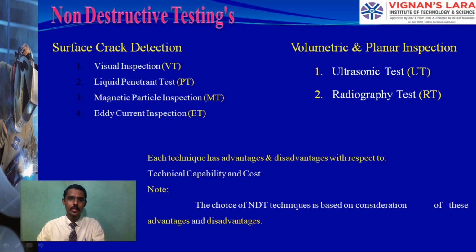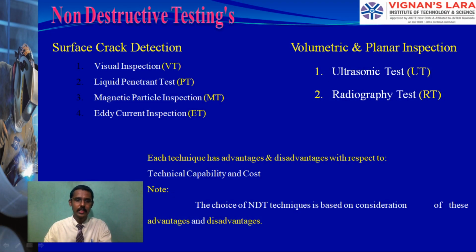See, this is how we have first initially classified our non-destructive testing processes. We have divided into surface defects, on which we are seeing about the magnetic particle inspections, and one more is the subsurface defects also.